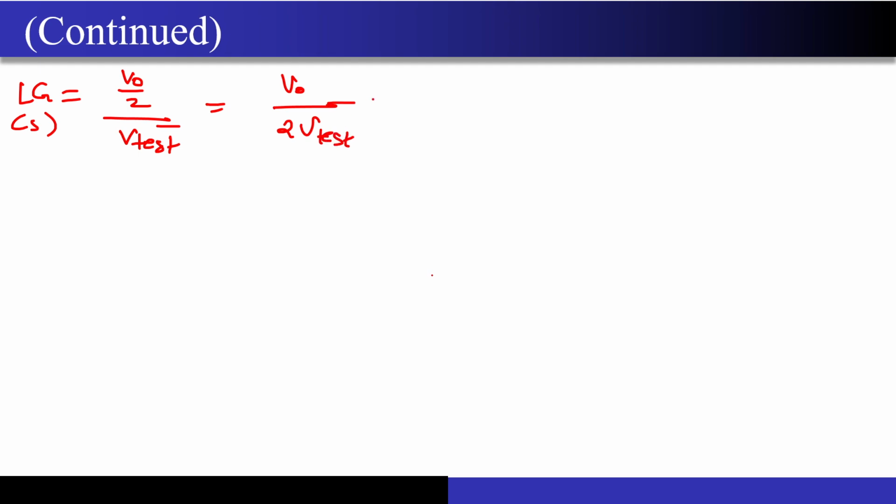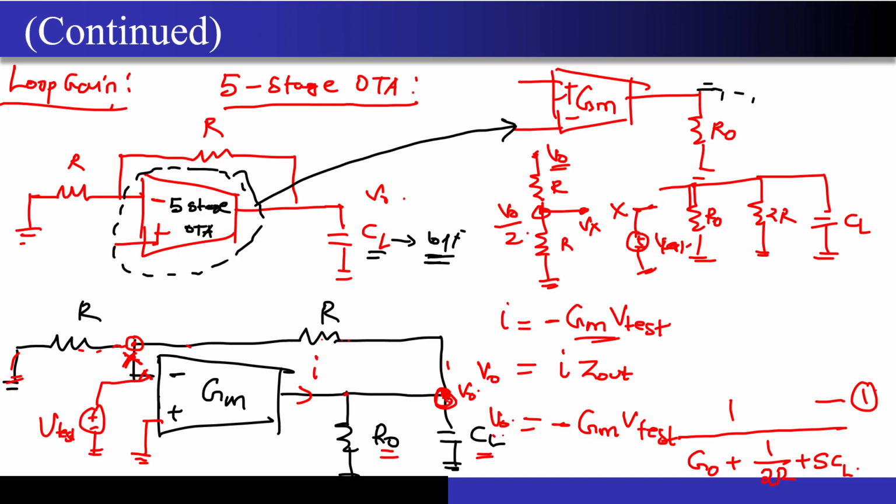By the way, what will be the loop gain now? The loop gain is nothing but the voltage that I am getting again at the point where I had broken the loop. It was V0 by 2. What is the input voltage that I had given? It was V test, correct? So the loop gain of S as a function of frequency is V0 by 2 times V test. Now from 1, I know the relation between V0 and V test, right?